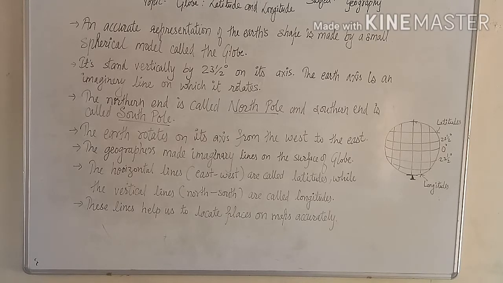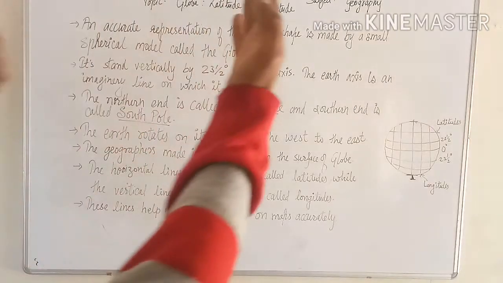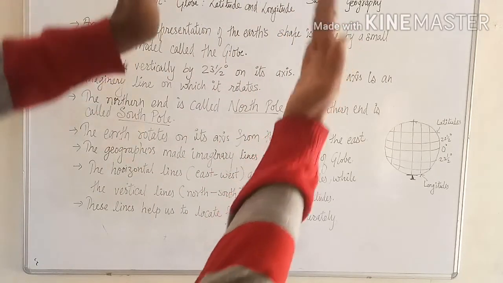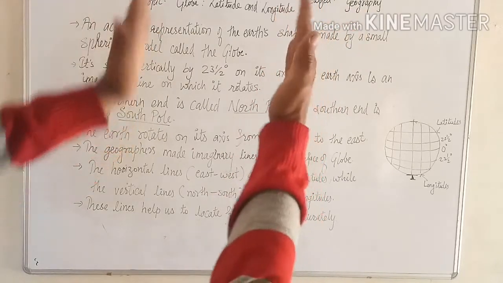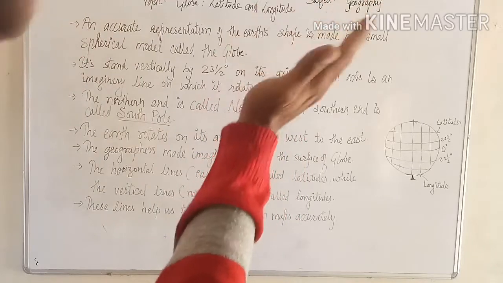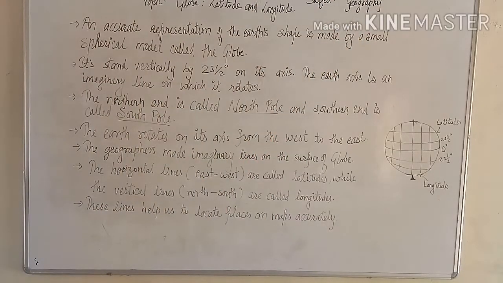Now, Earth is tilted 23.5 degrees, not straight. It is turned to one side. That is the Earth's axis. An axis is an imaginary line on which it rotates.